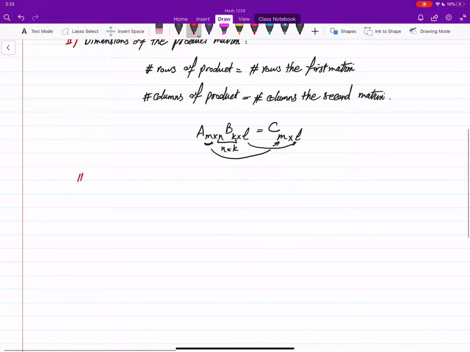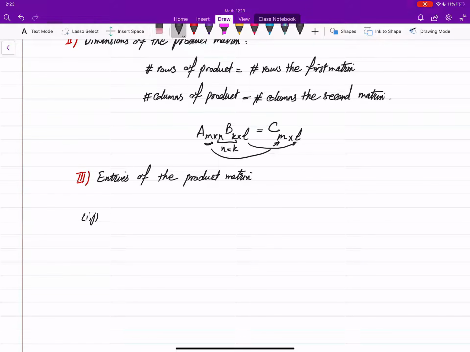How about the entries? Entries of the product matrix. So I have to give you one by one. How do you find the ijth entry of the product?